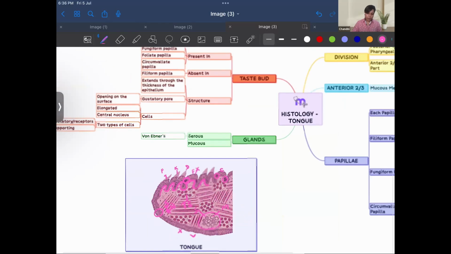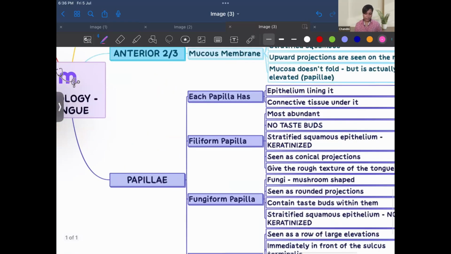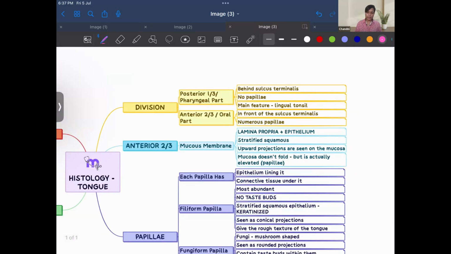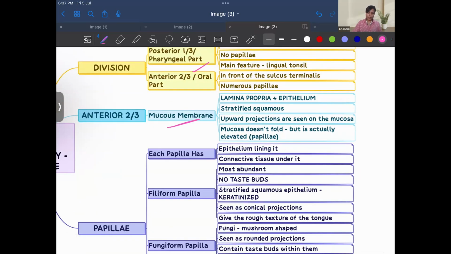Now, a quick way to revise what this session had is mind maps, which are very handy in revising. We already spoke about this. Posterior 1/3, anterior 2/3. I already told you mucous membrane means lamina propria and epithelium. Please do remember this formula. And then you have upward projections on the mucosa.